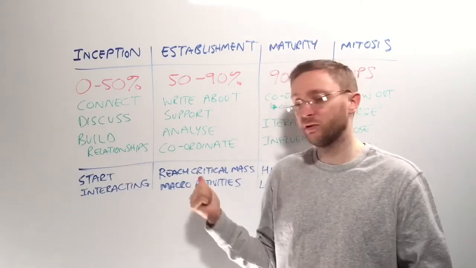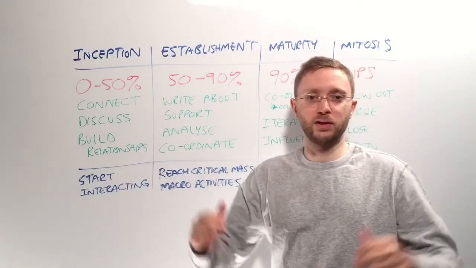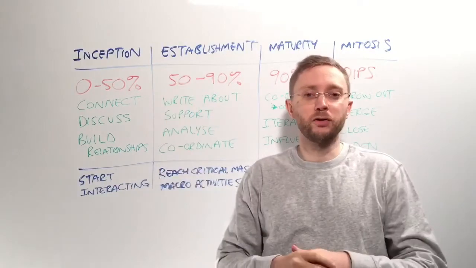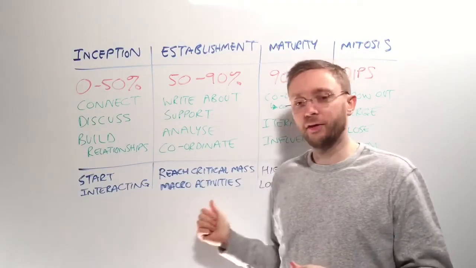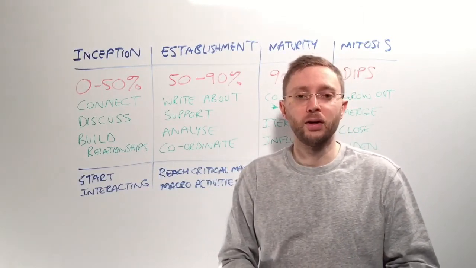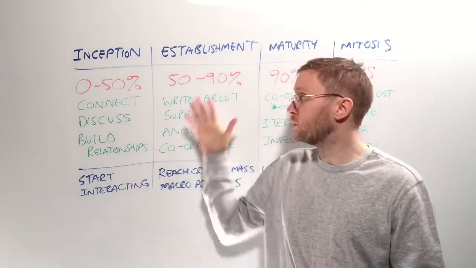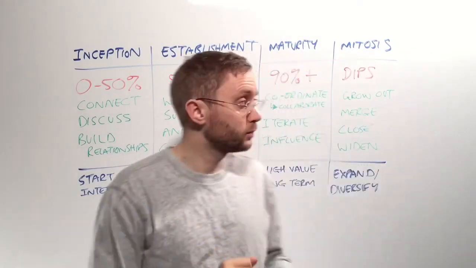So you want to reach that critical mass stage. So you want to be concentrating on these macro activities, these high-level activities of what's going to add the most value in the future, and start thinking about what are the strategic goals and strategic outcomes that you might be targeting and how you can shape this activity towards those strategic outcomes.